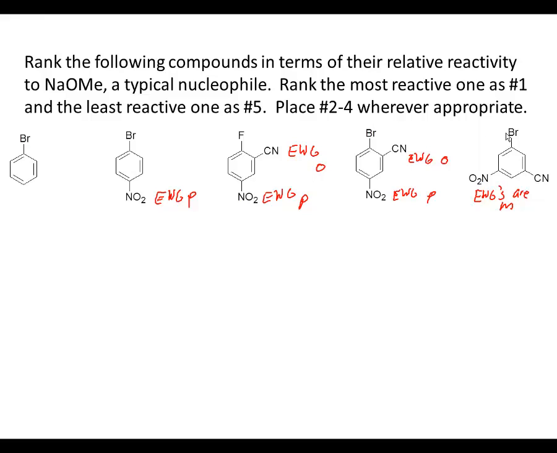These last two, 4 and 5, I'm not sure that either one of them is reactive to methoxide, but we'll just put them down with the one with the electron withdrawing groups as more reactive. Okay, so this would be the way the ordering comes out. And we'll just say there's a little bit of uncertainty as to that one.